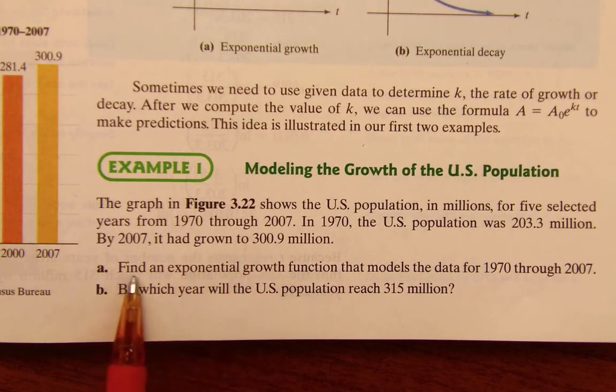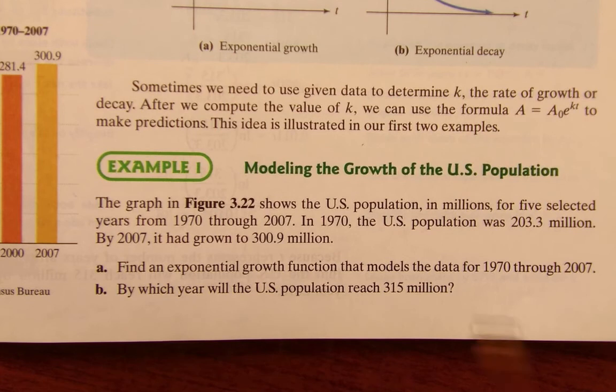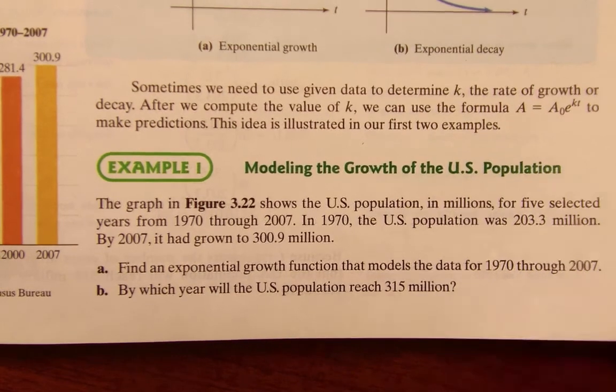The first part is saying find an exponential growth function that models the data. So we want to write an equation for part A. And then part B says by which year will the U.S. population reach 315 million. So we'll use our equation in part A to solve for what year the population will reach 315 million.